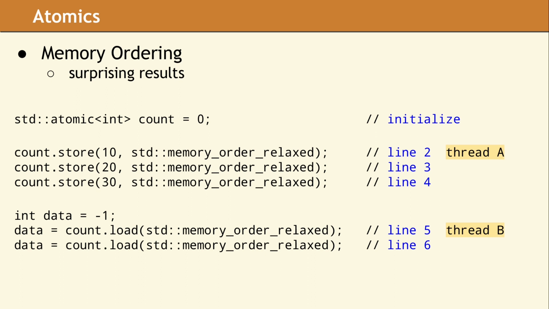It is perfectly legitimate to have the first load in thread B return 30 and the second load return 10. It is also possible for another thread C to disagree, and it might do the same two loads and see 10 and then 30. This is a surprising result, even for some experienced multi-threaded programmers.